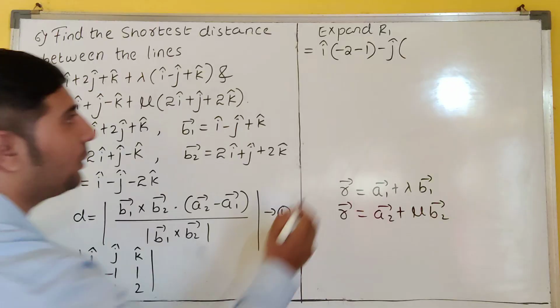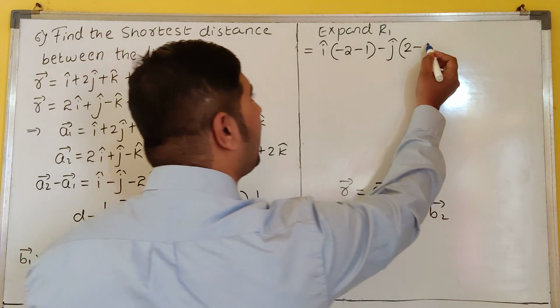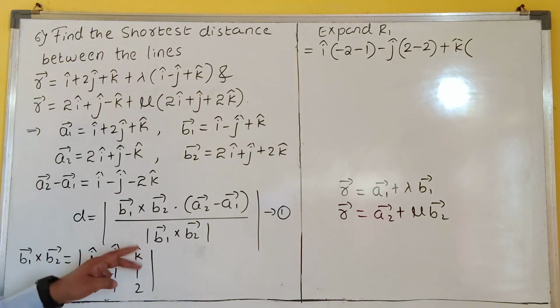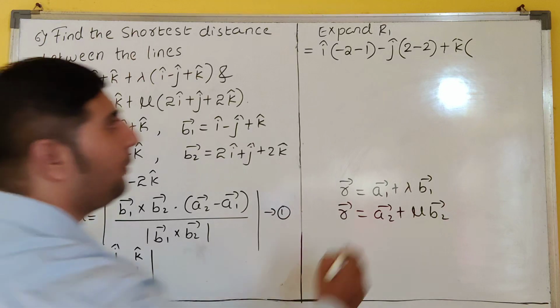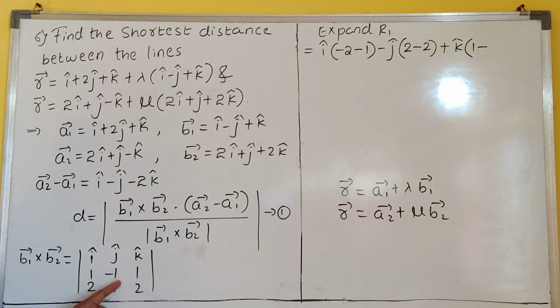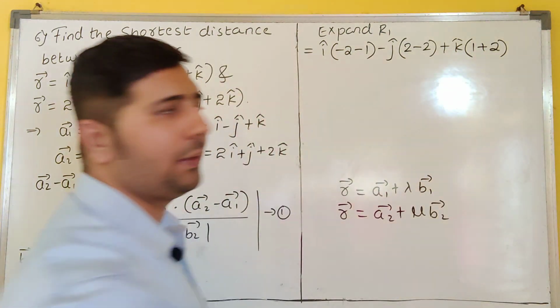So 1 into 2, 2, minus 2 into 1, 2, dear students. Plus k cap you write: first row you leave, last column. 1 into 1, 1. Minus you write, 2 into minus 1 is minus 2. Minus into minus will become plus 2, dear students.